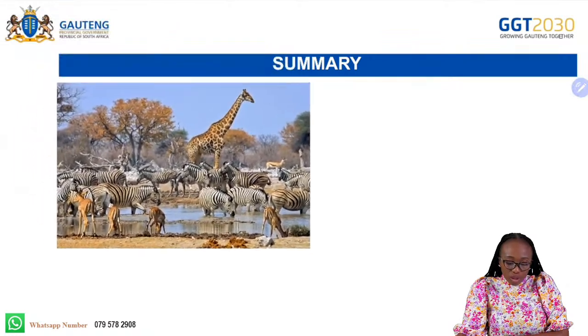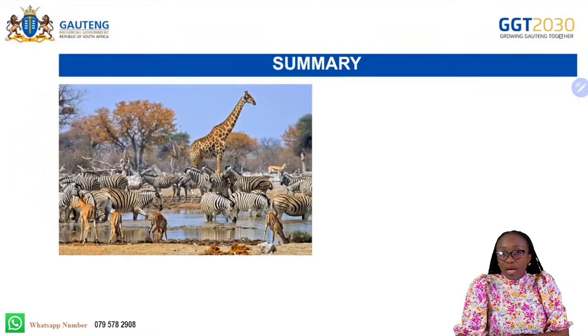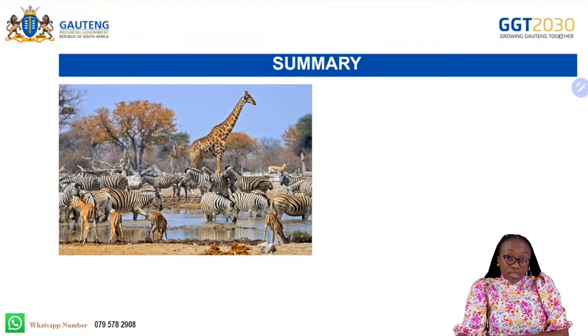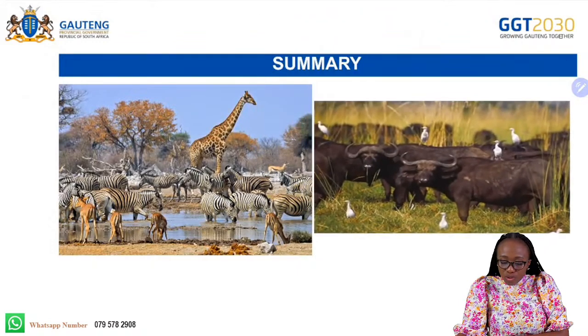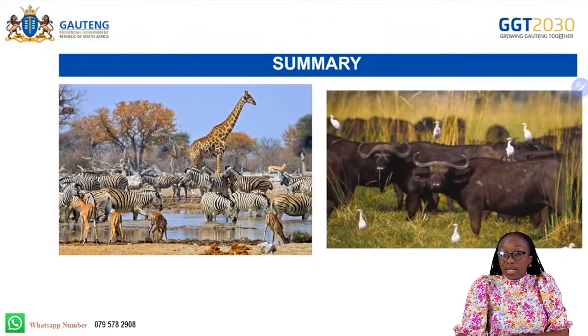And then we also learned about the ecosystem and the interactions that exist within an ecosystem. We learned that there are populations, communities, ecosystems, and then lastly the biosphere, which encompasses all the different ecosystems that we find on Earth. We also learned about the different relationships that exist between living things in an ecosystem.